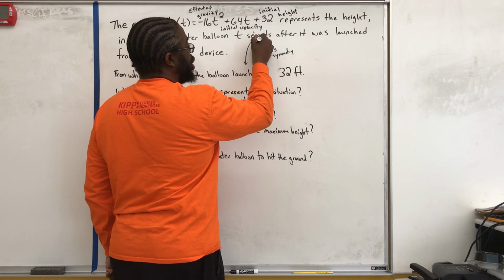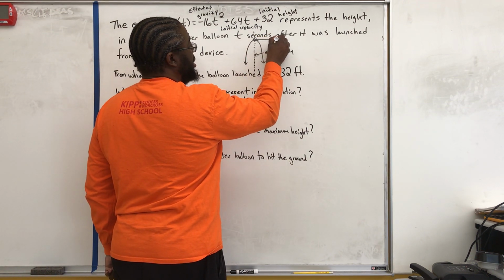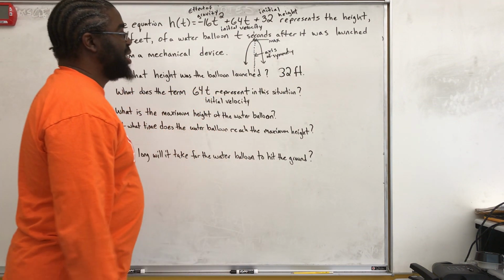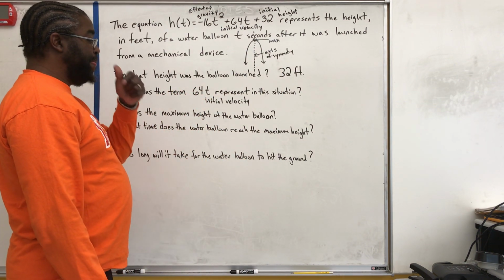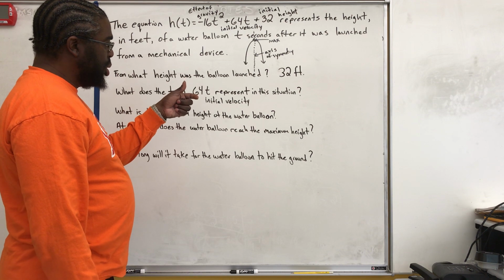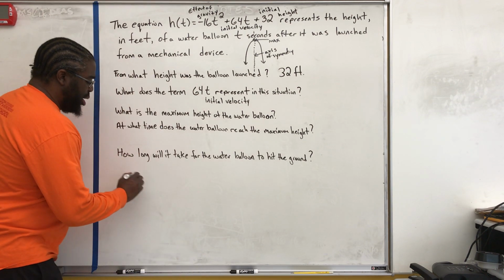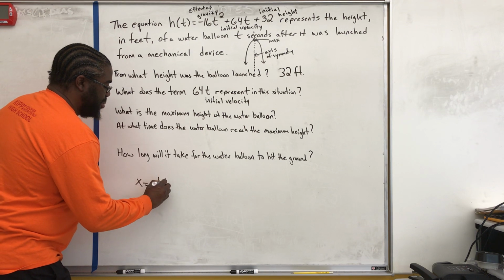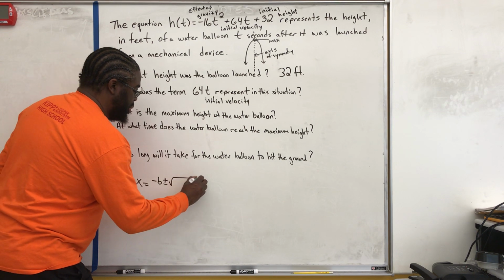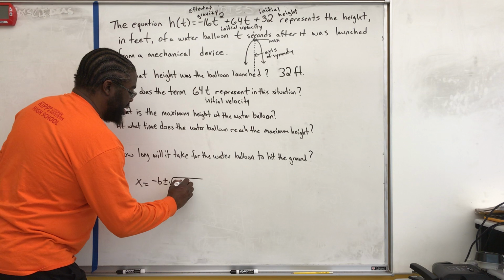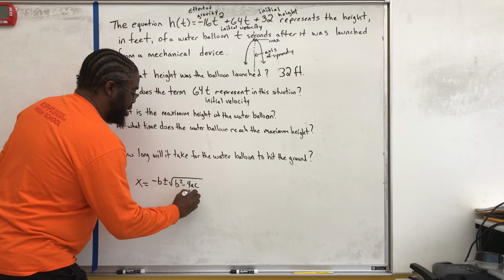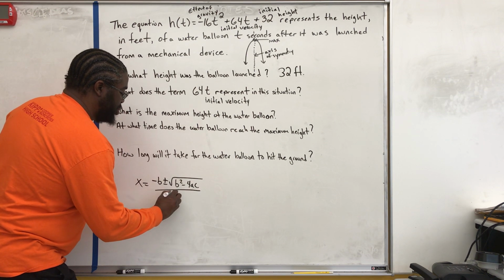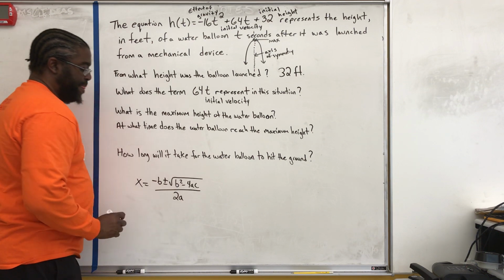My maximum is going to occur in the middle of a parabola, which means it happens at the axis of symmetry. Well, we were taught the quadratic formula. And the quadratic formula says x equals negative b plus or minus the square root of b squared minus 4ac, all divided by 2a.